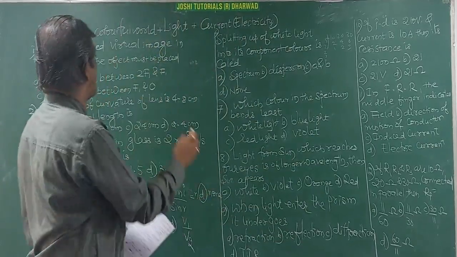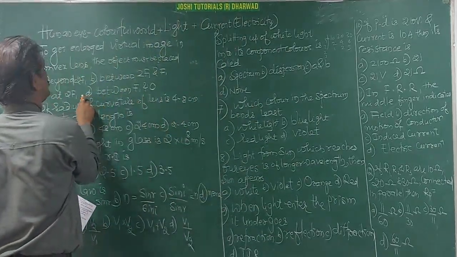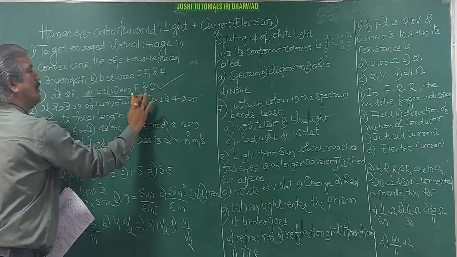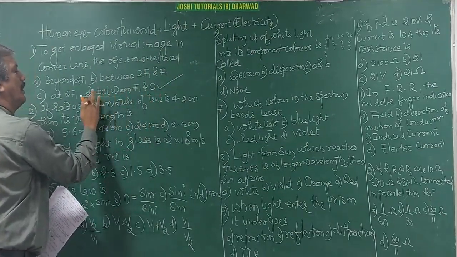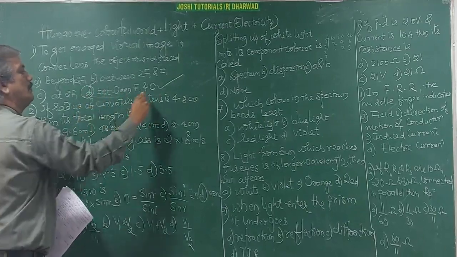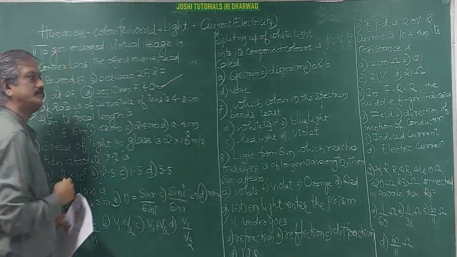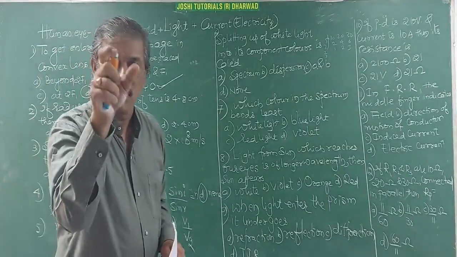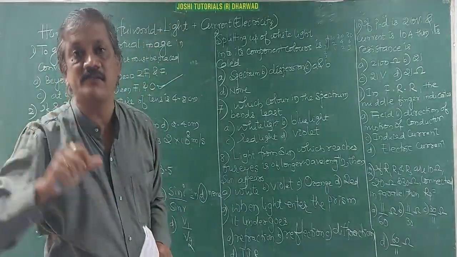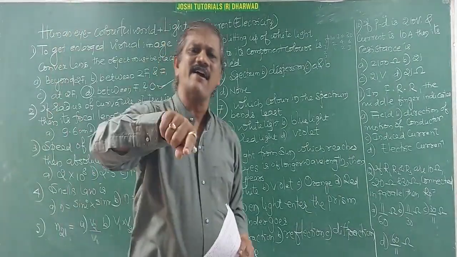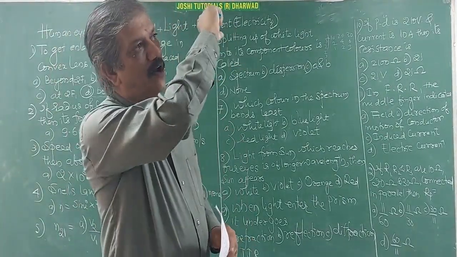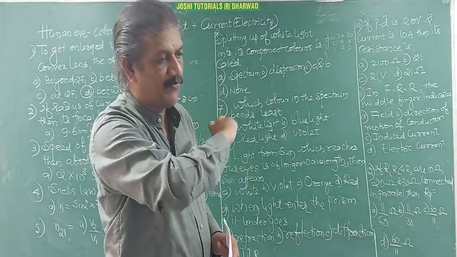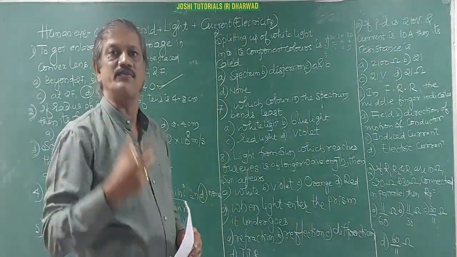So the correct answer you must know: it is D. You must know those diagrams. They may not ask you the diagram, or they may give among the following figures where a virtual image is obtained.